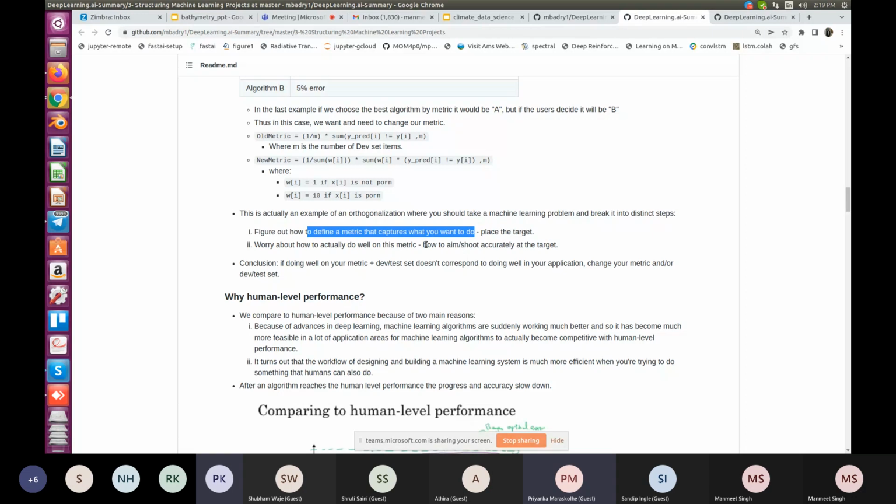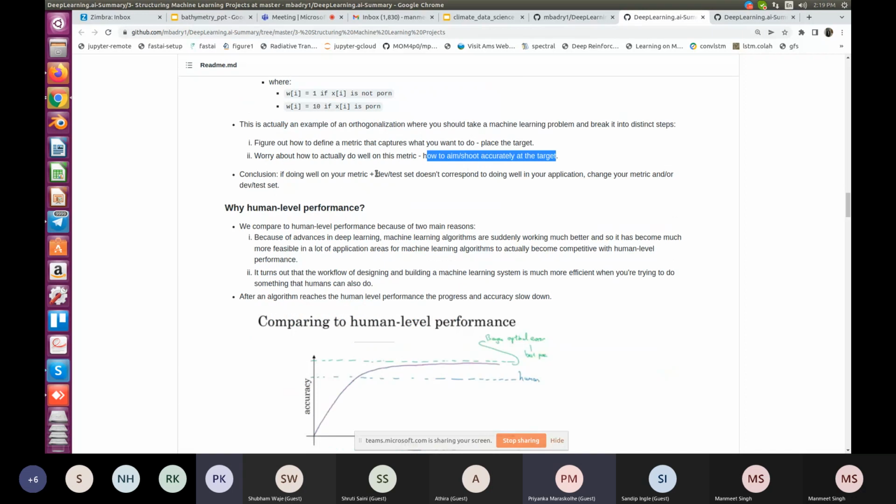So you have to aim accurately at the target. And if you're doing well on your metric plus dev and test set, it means you're doing well for most of the cases, but it might not correspond to doing well in your application. And you might need to change your metric or dev or test set.